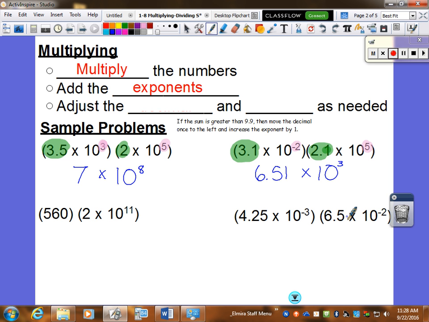So starting with parentheses, 4.25 times 10 caret negative 3, close parenthesis, open parenthesis. You don't need to even hit the times key. Your calculator will know what to do. 6.5 times 10 caret negative 2, and close your parenthesis.